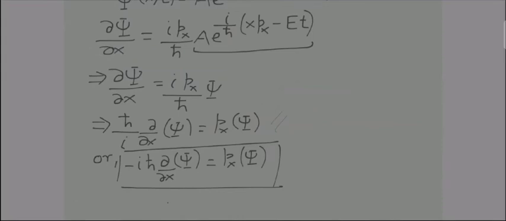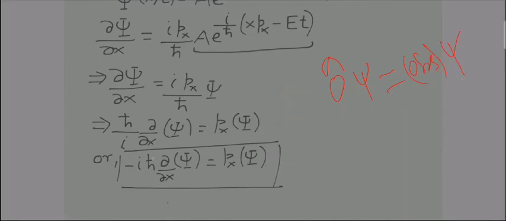Now you can have a careful look at it. i h cut del by del x psi equal to px psi, right? You have already learnt that I had told you the general form: operator operated on psi is equal to your observable multiplied by psi.